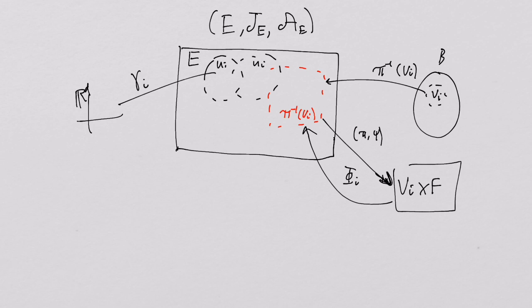Okay, so about these overlaps. Let's begin by understanding exactly how we might take the points in the total space E and express them in terms of, say, U_I cross F, which we'll create in a moment.